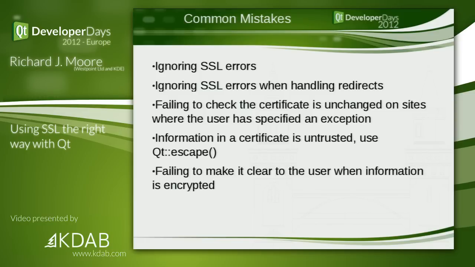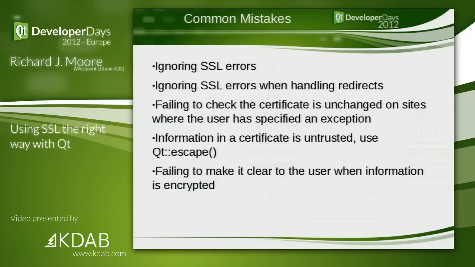So, just to summarize, don't ignore the errors. That's a really common mistake. Okay, don't ignore errors when handling redirects. So, for example, a lot of people are implementing redirects themselves because we don't provide it in QNetworkAccessManager.